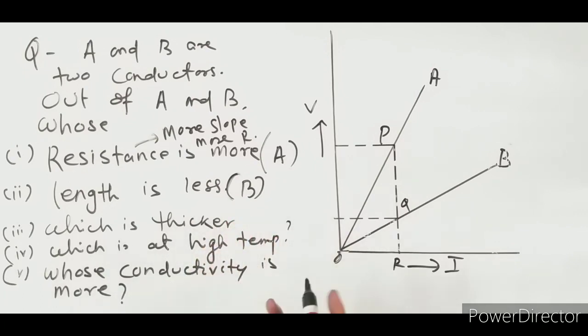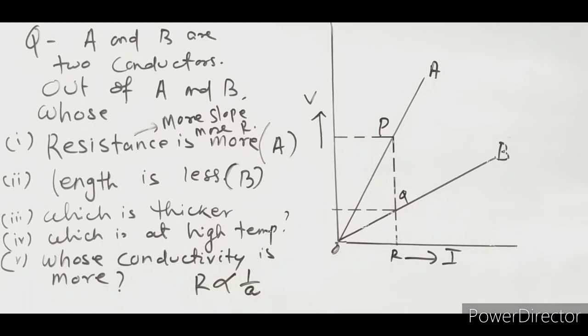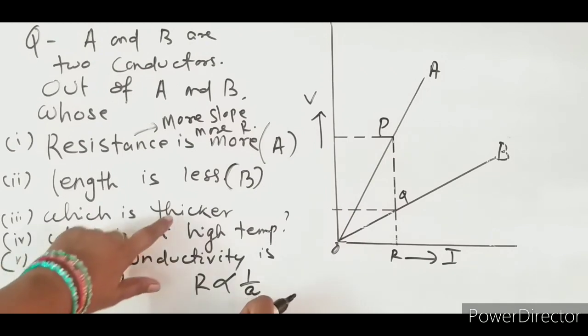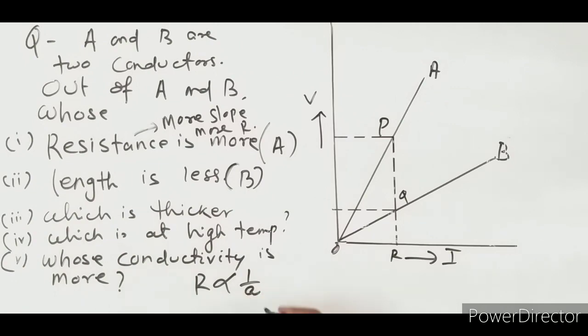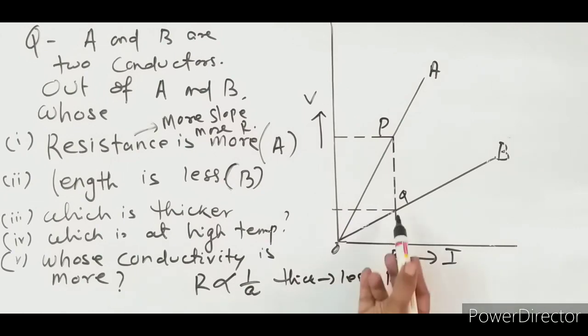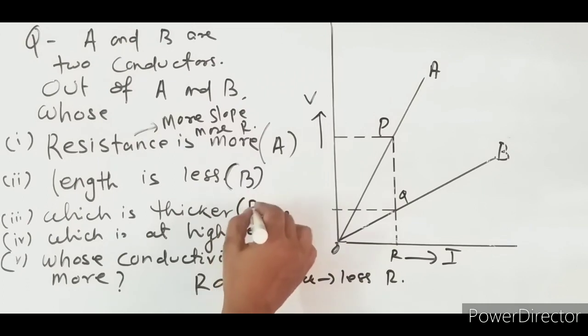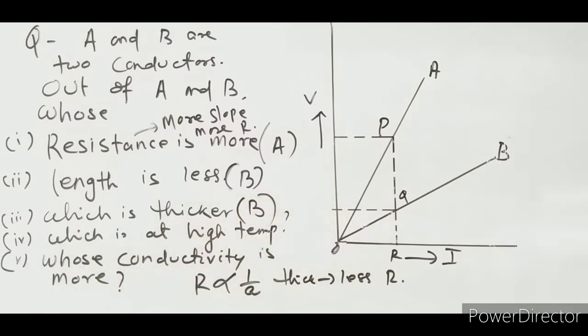R is inversely proportional to A. If it is thicker, it will have less resistance. Whose resistance is less? For B, resistance will be less. Do you understand this one? So thicker means less resistance, and that is B.